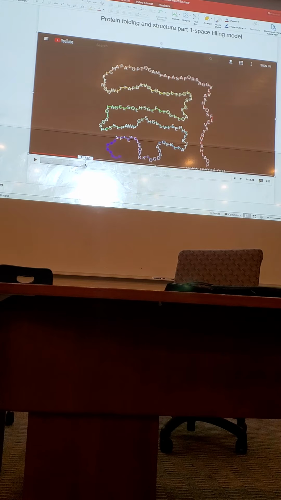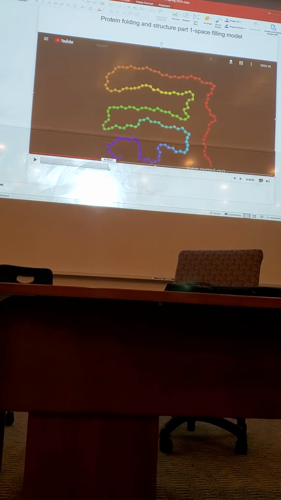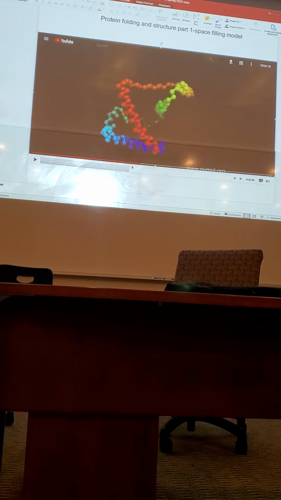So let's look at some of those highlights. So now the purple is at one end of the polypeptide. Let's see what color the other end is. It's red. So now the purple and the red, which were at completely opposite ends of the unfolded polypeptide, are now, as a result of folding, finding themselves in close proximity to one another.